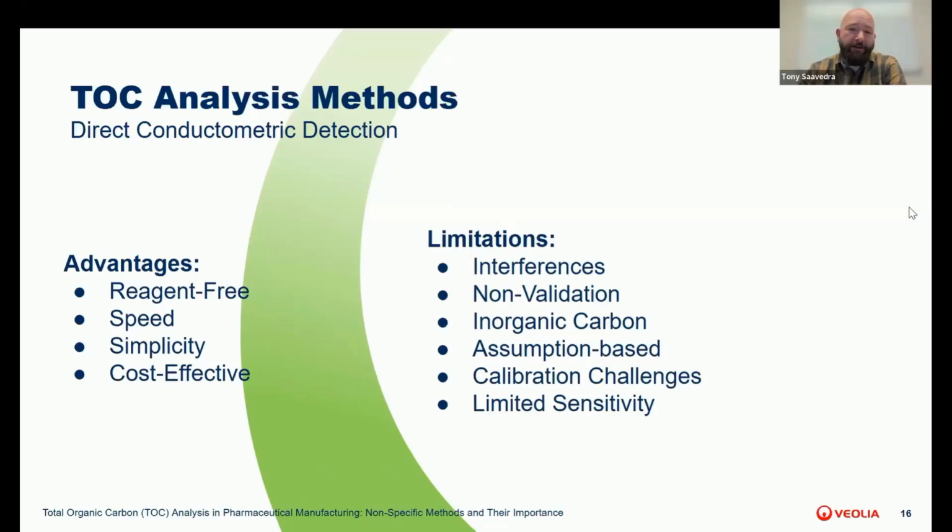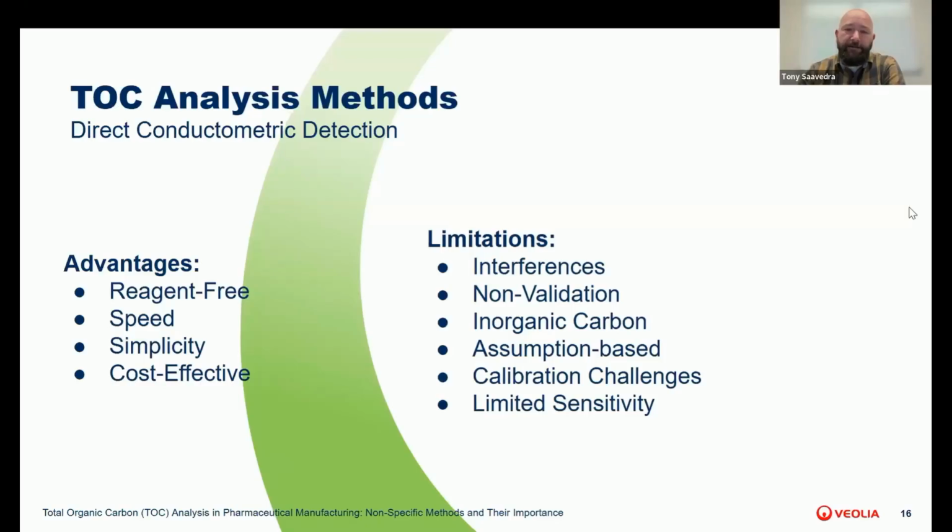It assumes all conductivity increase is from CO2, which isn't always accurate, especially with non-ionic organic compounds. These assumptions also make calibration challenging, and it may not hold true across different types of organic compounds.